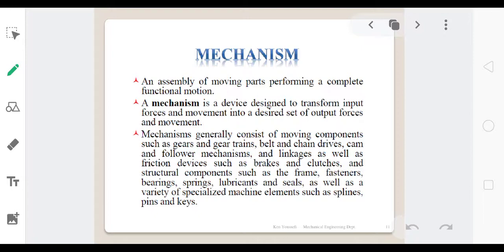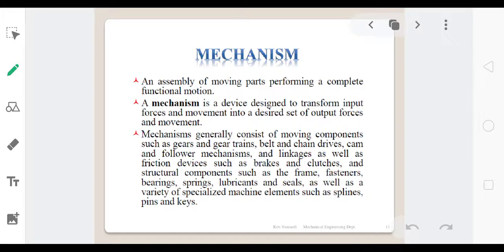It generally consists of moving components such as gears, gear trains, belt and chain drives, cam and follower mechanisms, and linkages, as well as frictional devices such as brakes and clutches, and structural components such as frames, fasteners, bearings, springs, and lubricants. Lubricant can also be a part of a mechanism because it is also one of the links, a flexible link.